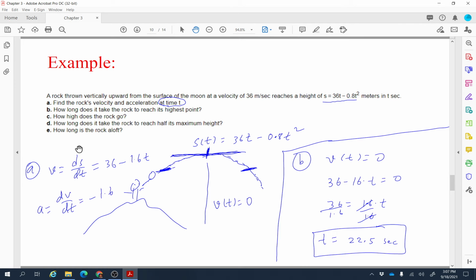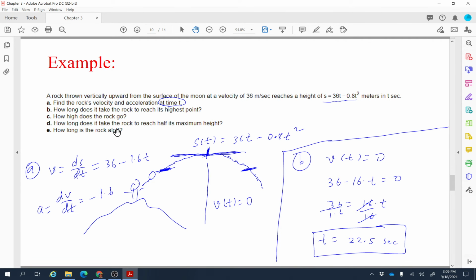How long is the rock aloft? So to answer this question, as you can see, we have to find out how long this rock will be in the air. So the meaning is, at the beginning the height of this rock is 0, and after some point it will come down again to the ground.